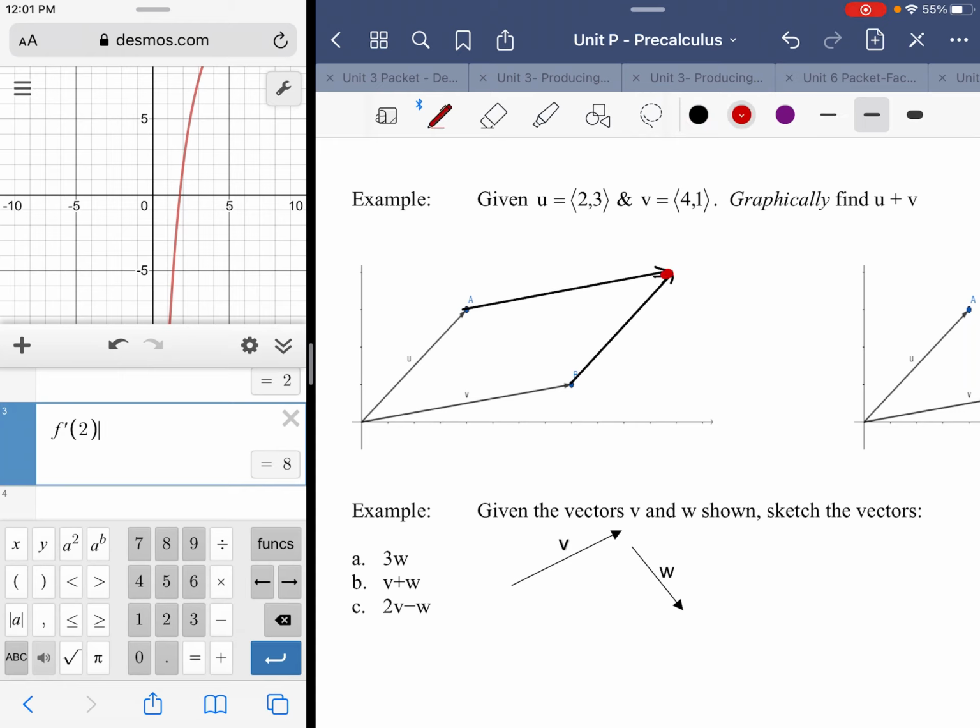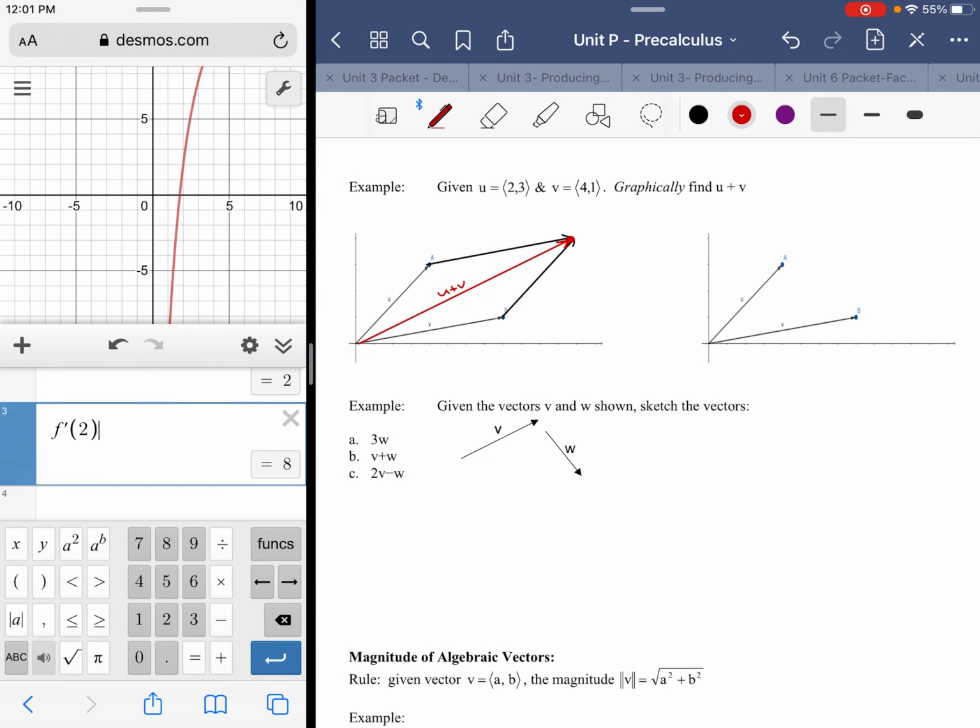And where they connect, that would give us a new point. That new point is going to be the endpoint of the sum of the two vectors. We'll get into why that is the way it is, but for now, it's just a process. So that would be vector u plus v, the sum of the two vectors.